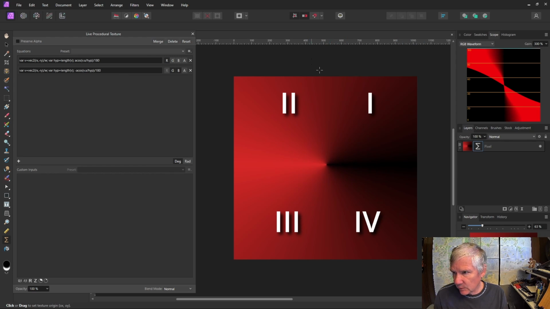Up in quadrants 1 and 2, the arc cosine function is valid, so it's returning an accurate number. Down in quadrants 3 and 4, it's not. It's just a mirror image of quadrants 1 and 2. That's because we don't use the y component at all in our formula, so we can't tell that it's negative. So it just creates all positive numbers and a mirror image.